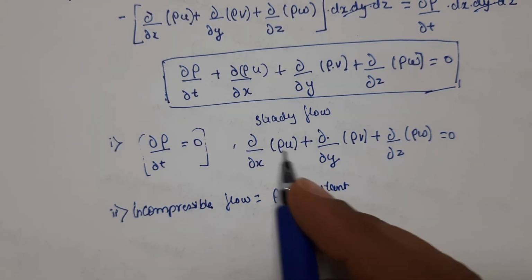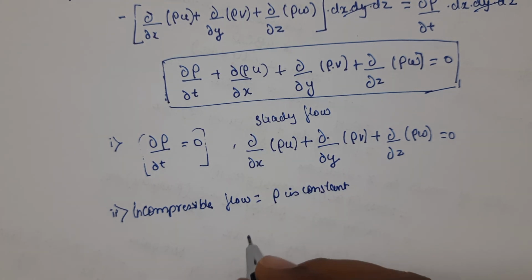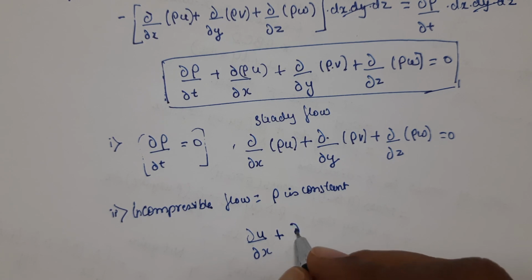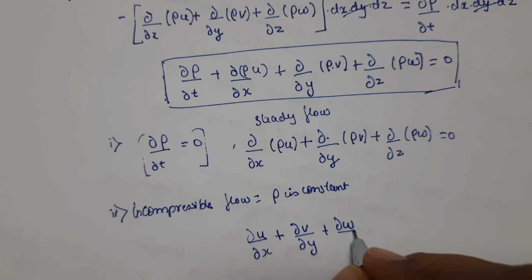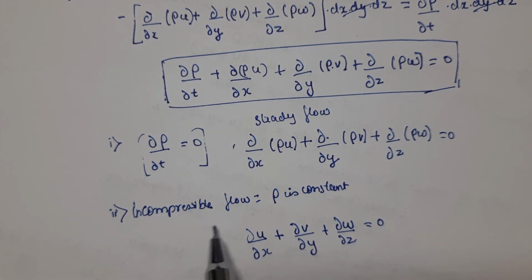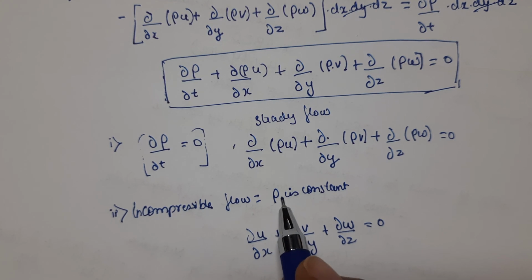So we can write this equation as ∂u/∂x plus ∂v/∂y plus ∂w/∂z, that is equal to 0. This is for incompressible flow where ρ is equal to constant.